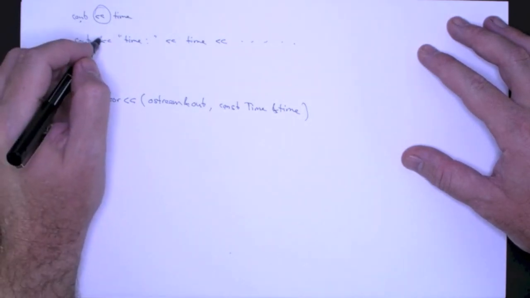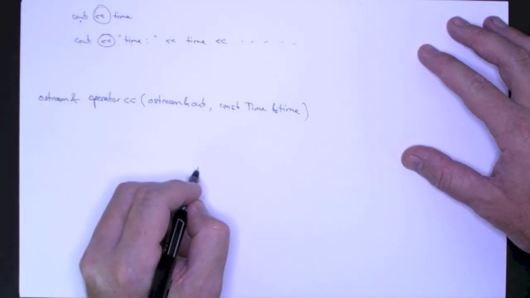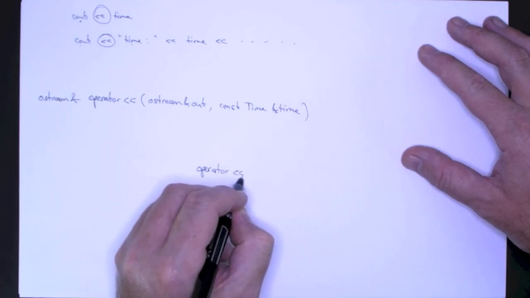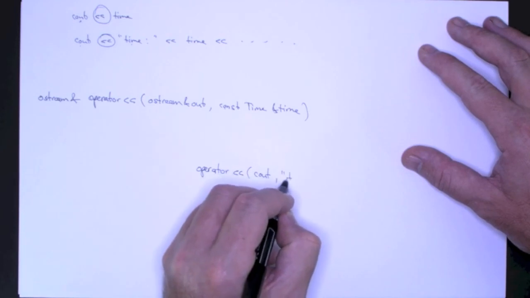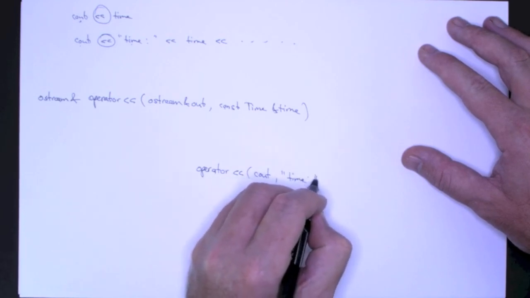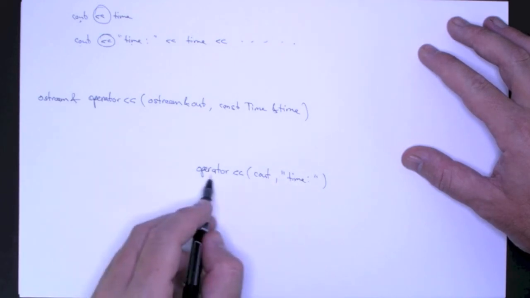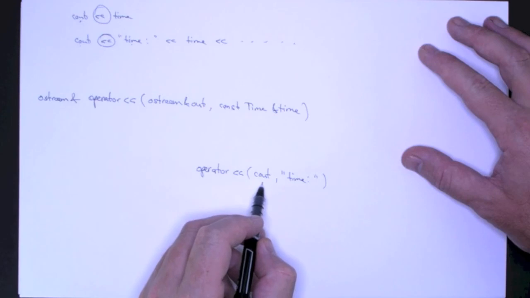So this call is going to insert the string literal. So you're going to get something like this call to this method with cout and this string constant or literal. This operator is going to insert that into the output stream cout.